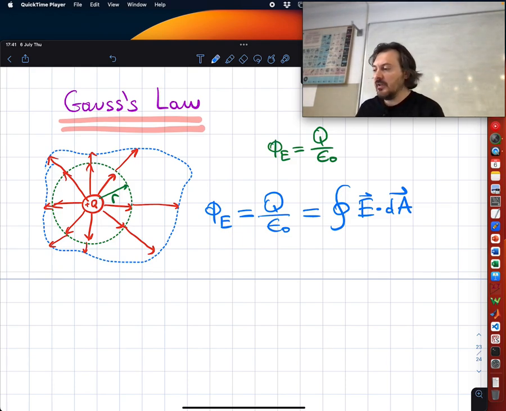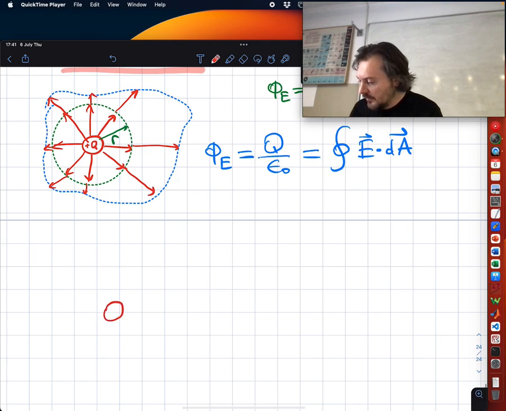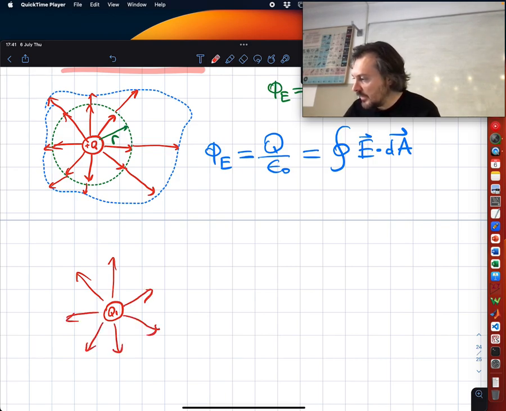And you can imagine that this is true if you put another charge here. So let's make that a thought experiment. So Q1 will create its own thing here, and it will have its own surface here, and it will have phi 1, which is Q1 over epsilon 0.